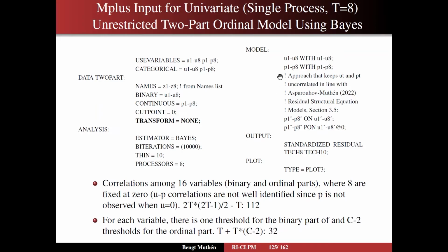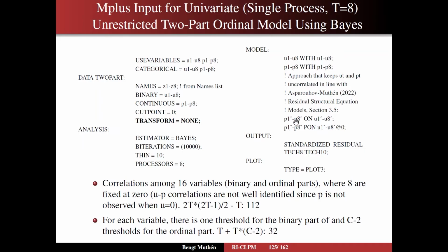So this is a little technical finesse, an approach that keeps U and P uncorrelated, and it's described in this RSM paper, section 3.5. So we do a regression of those residuals, P1 through P8, on all of the U's, but then we blank out some of those, 8 of those regressions.